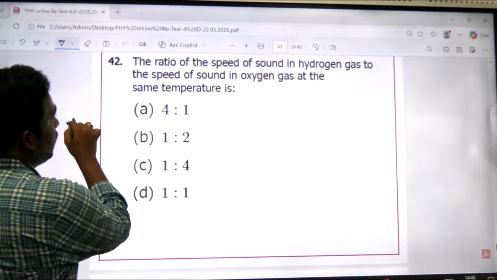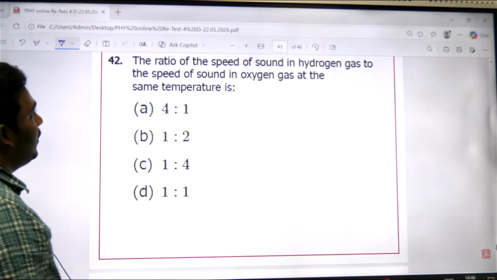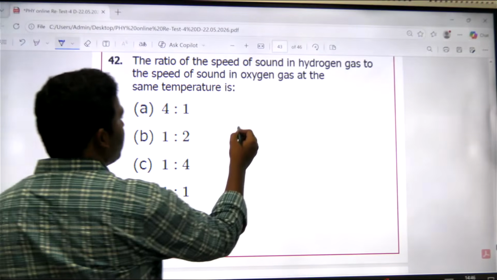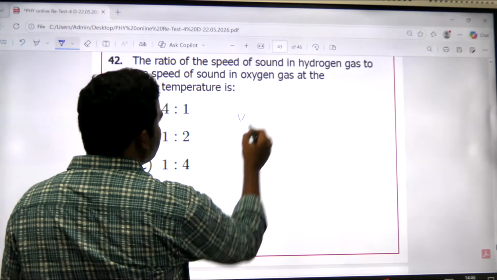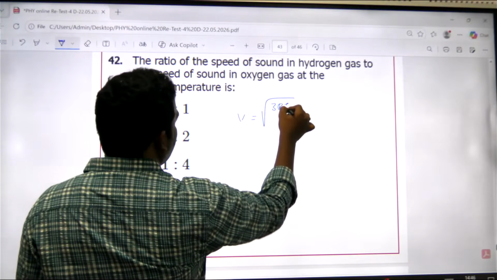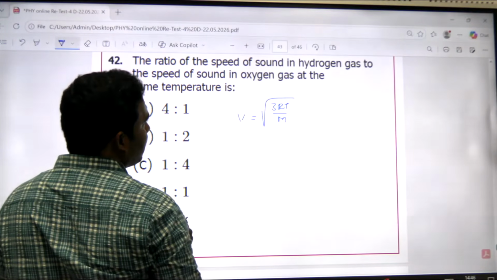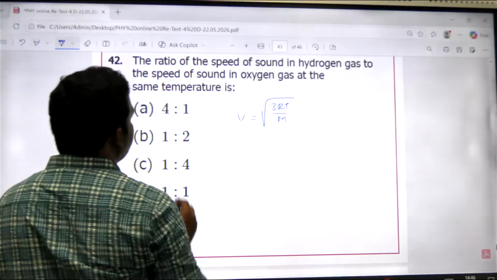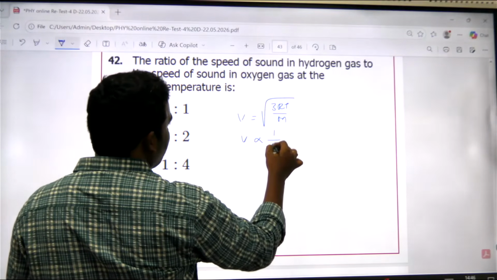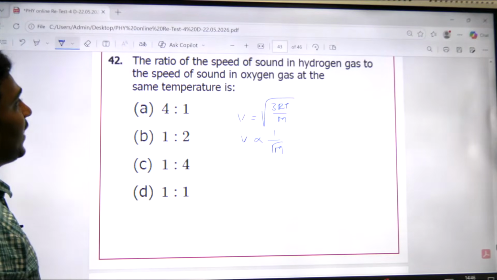Question number 42. The ratio of speeds of sound in hydrogen gas to the speed of sound in oxygen gas at the same temperature is. The velocity of the gas is under root of 3RT by M. Can I simply write that velocity is inversely proportional to the root of mass.